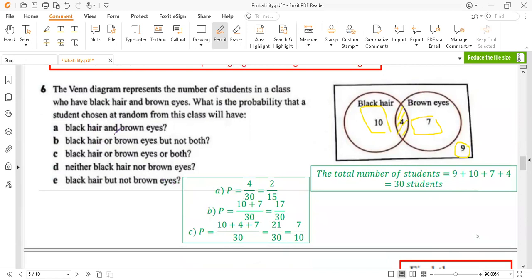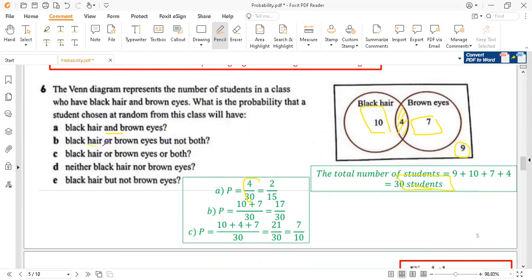So black hair and brown eyes, the intersection, is 4 over 30. We always divide by the total number of students, which is equal to 9 plus 10 plus 4 plus 7. We have 30 students in this experiment.